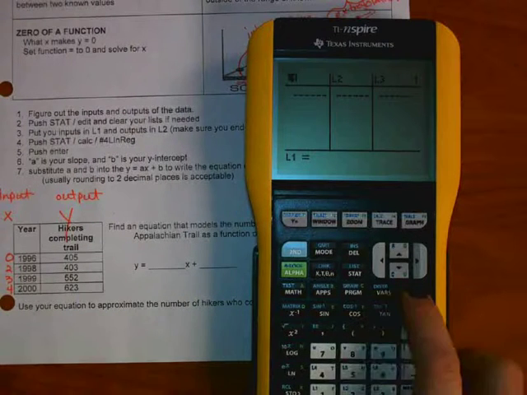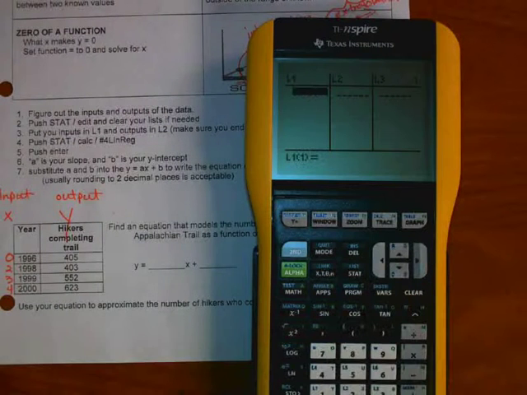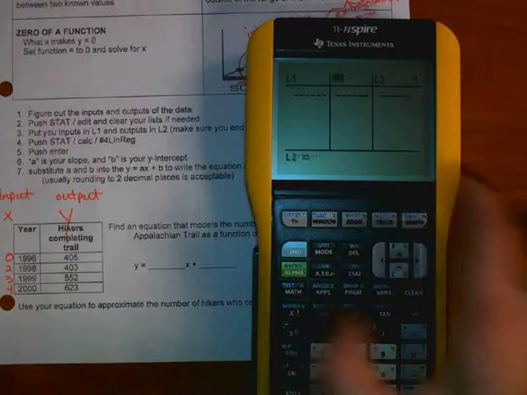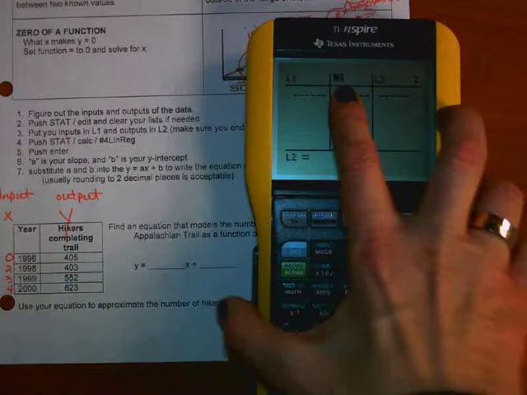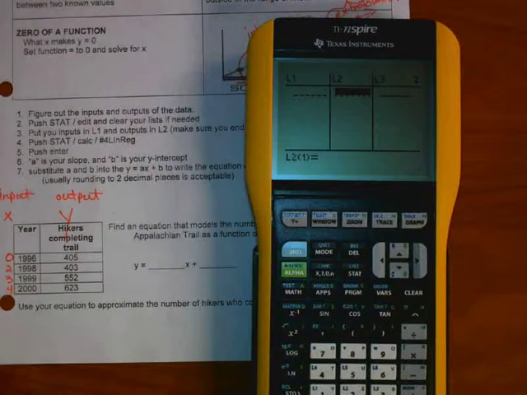And then you push clear, right here. And then you arrow down and your list will go away. Did you do it? And then arrow over and do the other list. Highlight on L2, push clear, and arrow down, and your list will go away. Are they clear now? Okay.